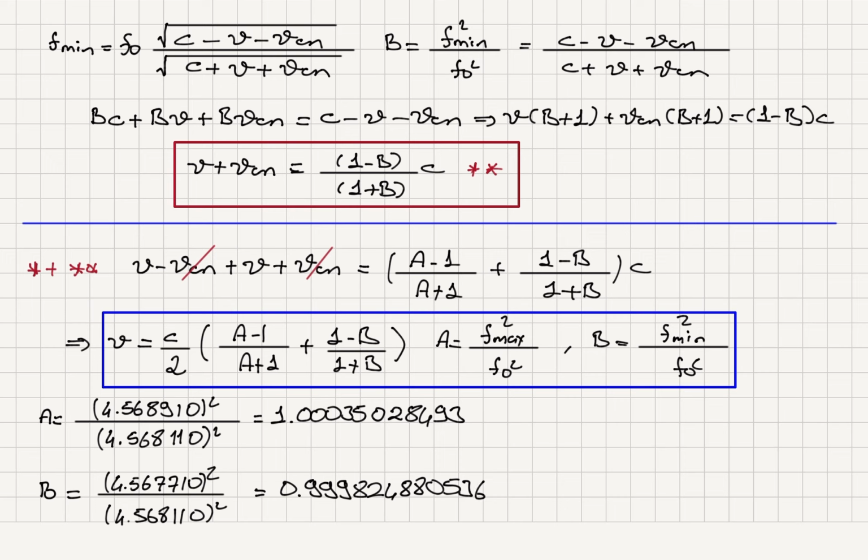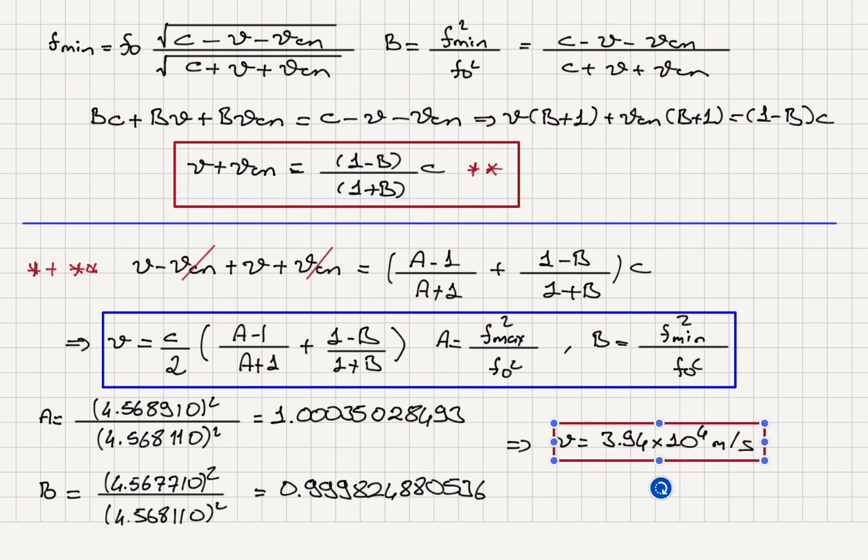So if I plug these into this equation for A and B, and take C to be 3 times 10 to 8 meters per second, I can find V, the tangential speed, to be 3.94 times 10 to 4 meters per second.